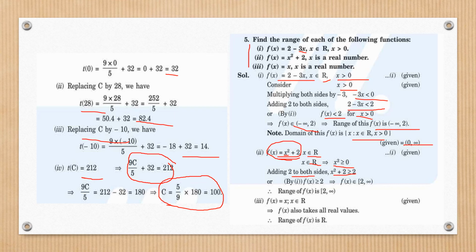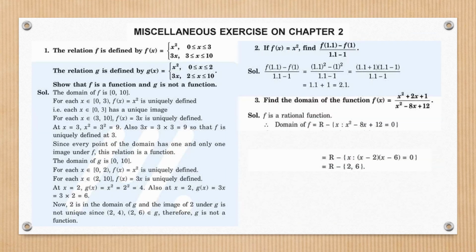So that means f(x) is greater than or equal to 2, which means it belongs to the semi-closed interval [2, infinity). So this is the range of the function. Third is f(x) = x. You very well know it is an identity function, so its domain is the real numbers, and the range is also the set of real numbers.